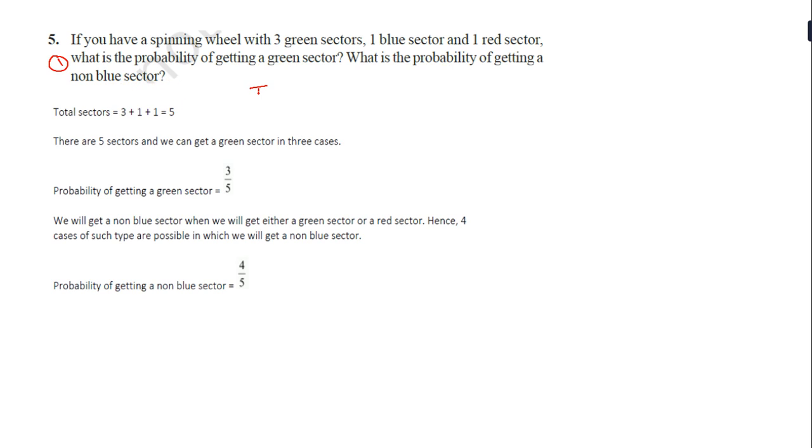First of all, you have to find the total outcomes. So 3 plus 1 plus 1 is equal to 5. Total outcome is 5. There are 5 sectors and we can get a green sector in 3 cases because 3 green sectors are there. So I have to write E1.